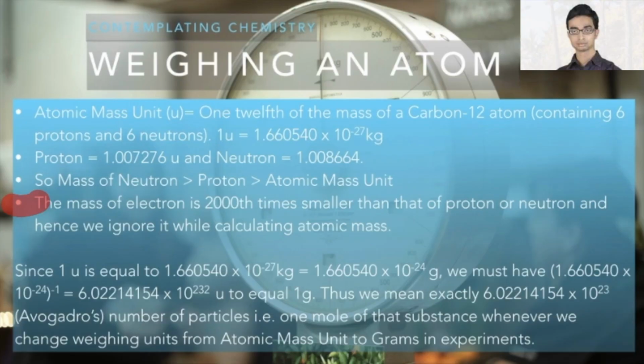1 by 12th mass of the readily available carbon-12 atom containing 6 protons and 6 neutrons was chosen as the atomic mass unit. The mass of a neutron and a proton is approximately equal to 1 atomic mass unit.